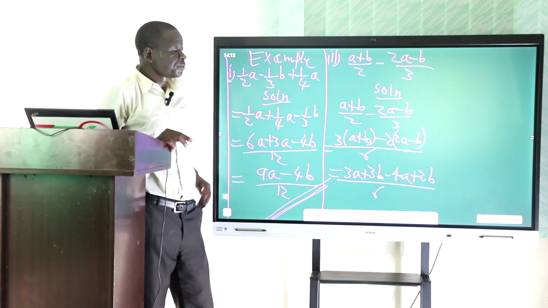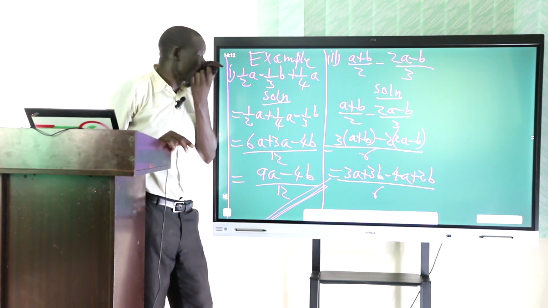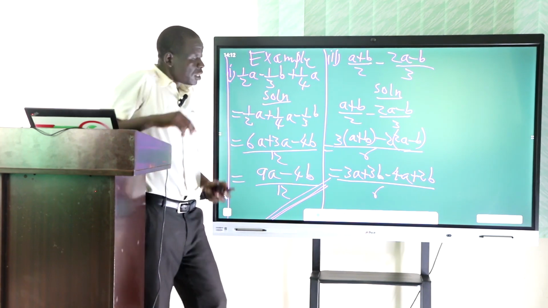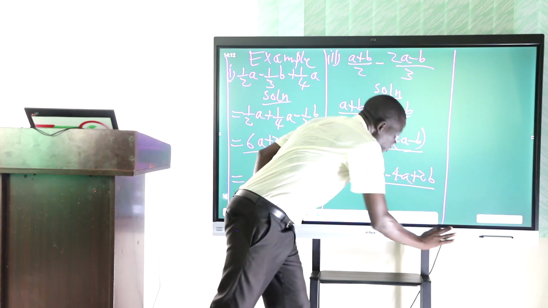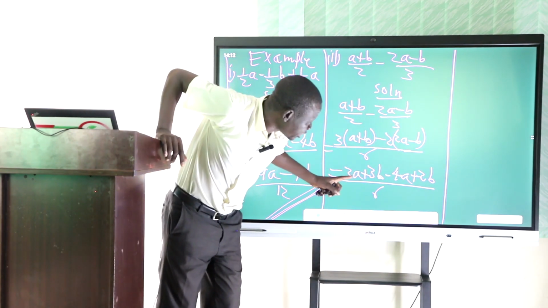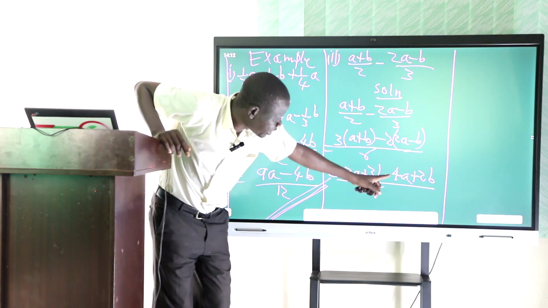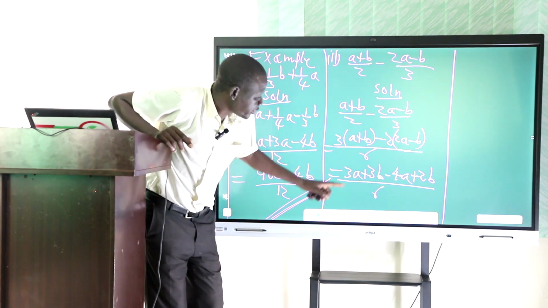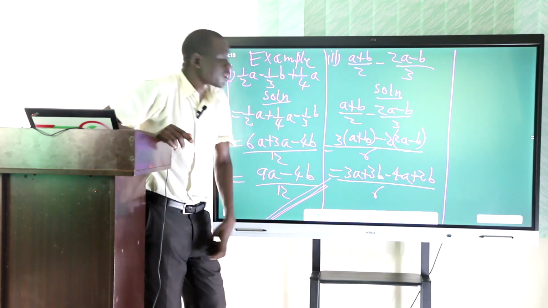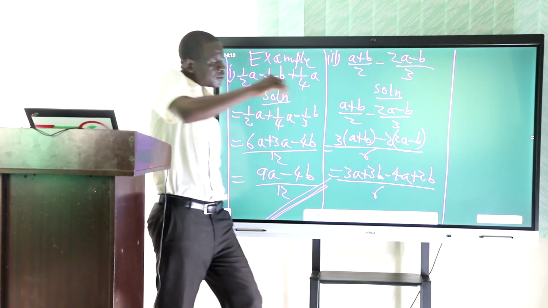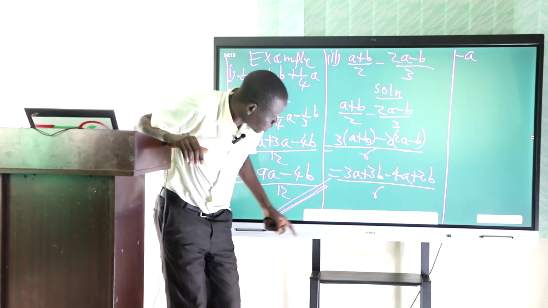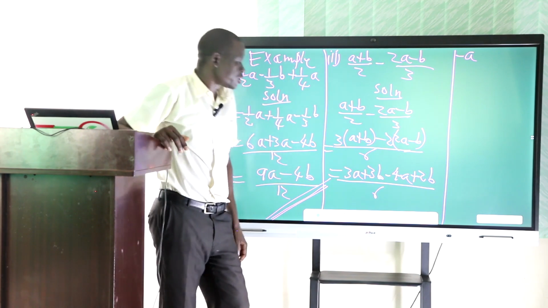So from there, we shall now collect the like terms. To collect the like terms here, we find that 3A minus 4A, we get negative A. Then also collect the B's.